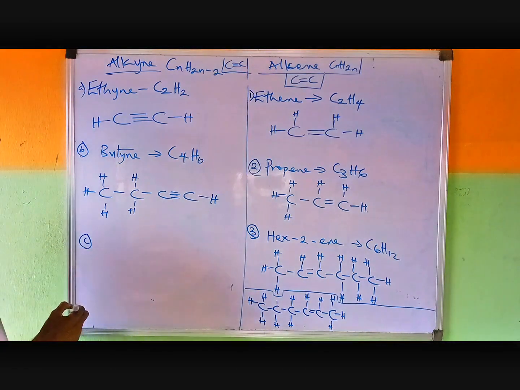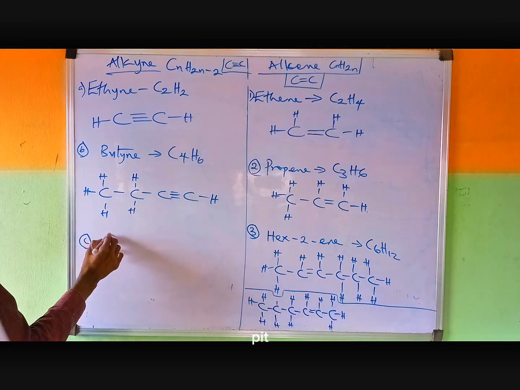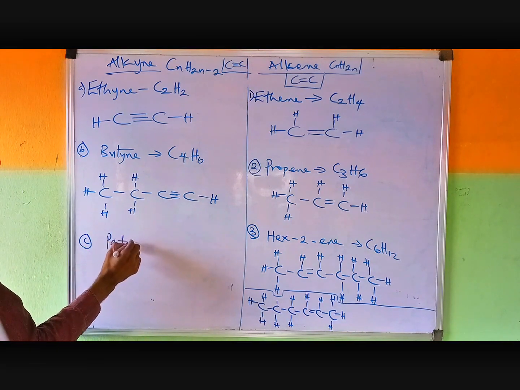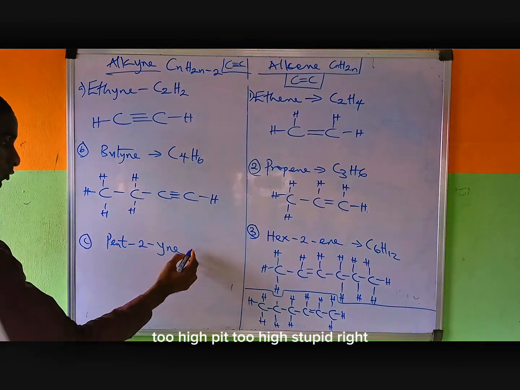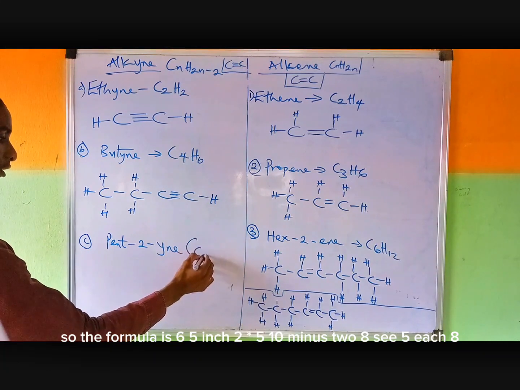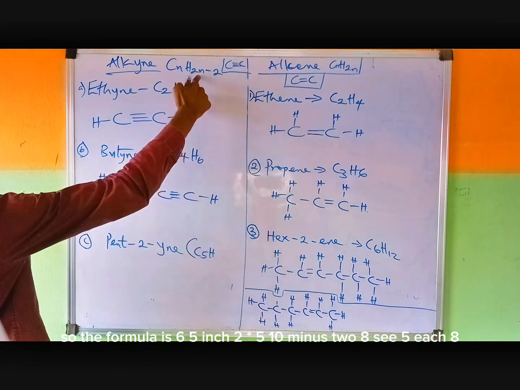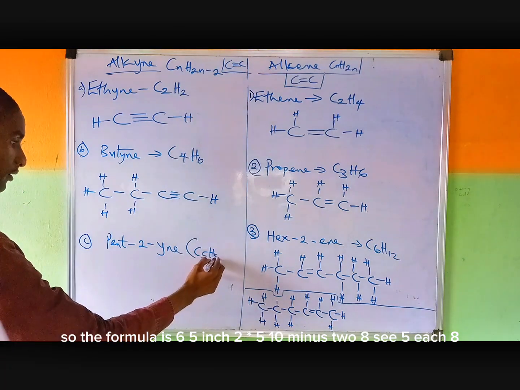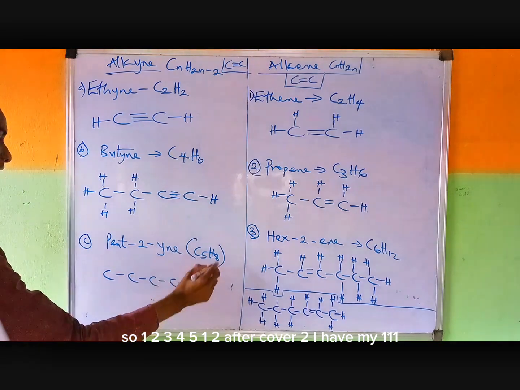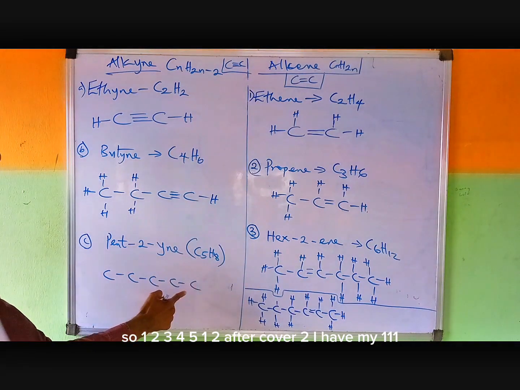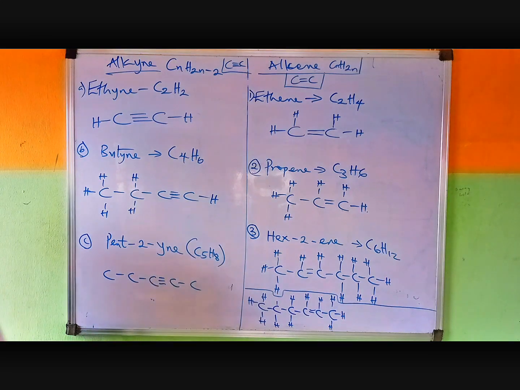And let's pick one more. Let's check pent-2-yne. It's still pentyne. So the formula will be C5H, 2 times 5, 10 minus 2, 8. C5H8. So 1, 2, 3, 4, 5. 1, 2. After carbon 2, I have my triple bond.